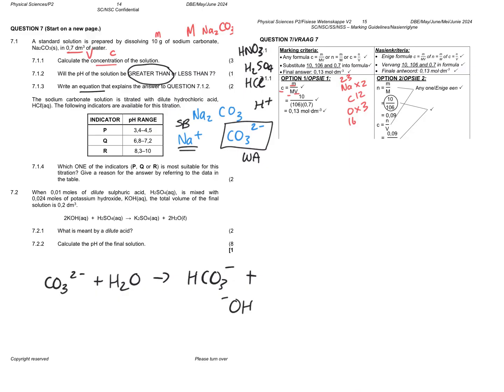It's balanced, because the H2O is H+ and OH-. That's the two halves of H2O. And because this thing is negative, it bonds with the positive half of the water to make HCO3- and OH-. So let's see what they did.